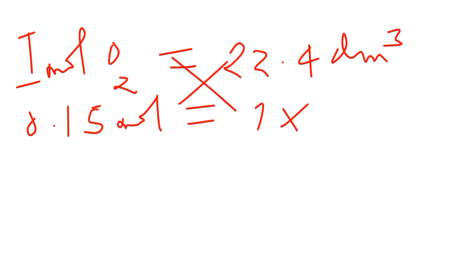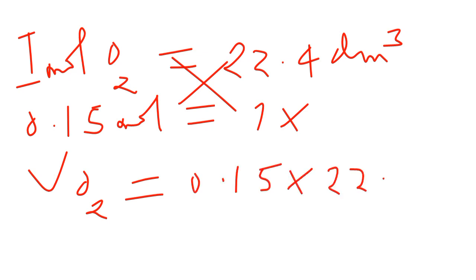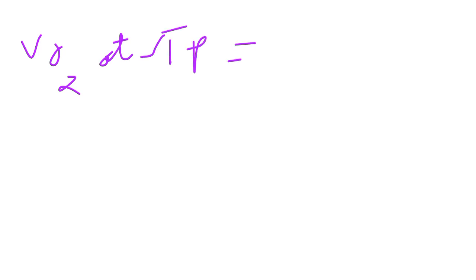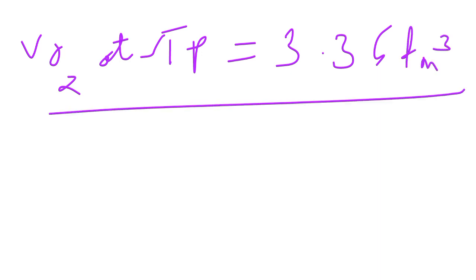So we do cross multiplication: the volume of oxygen gas is equal to 0.15 times 22.4 divided by 1. Plugging into the calculator, the volume of oxygen gas at STP is 3.36 decimeter cubed. So this is the answer.